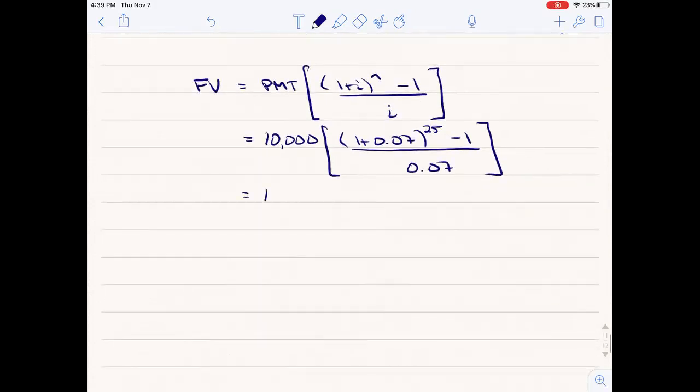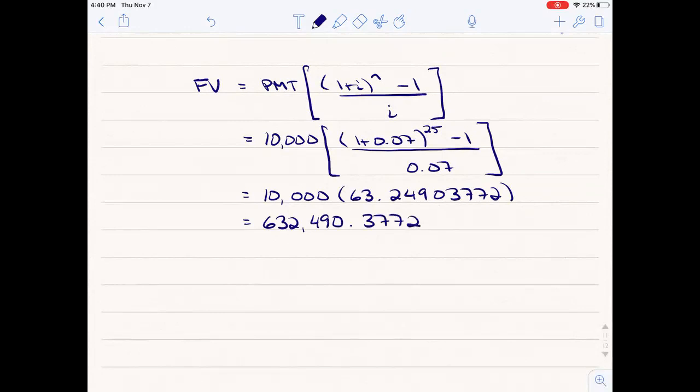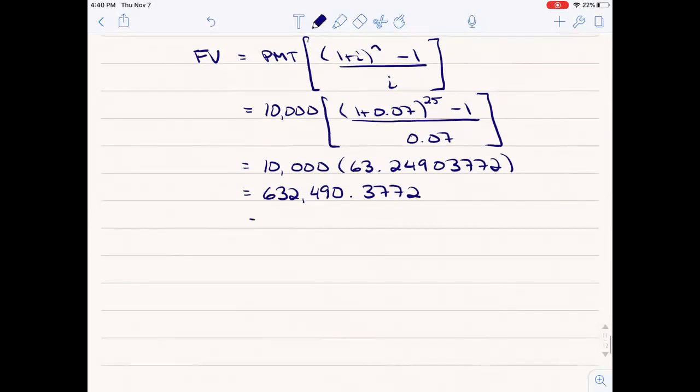For this whole value, I'll stop here: 63.24903772, but that's just so you can check that you got the same value. And then times 10,000 is 632,490.3772, which in money would be $632,490.38.